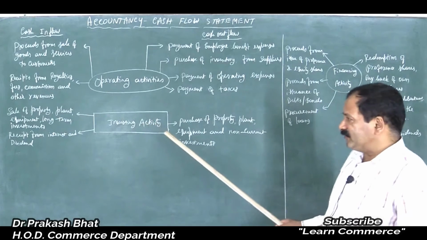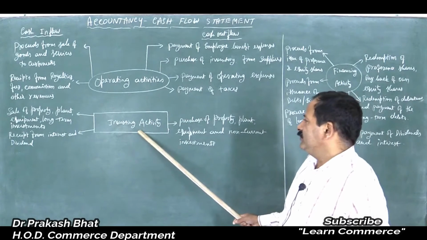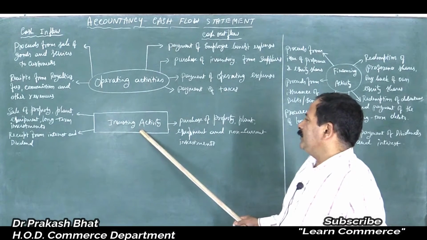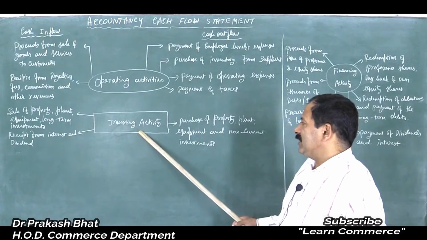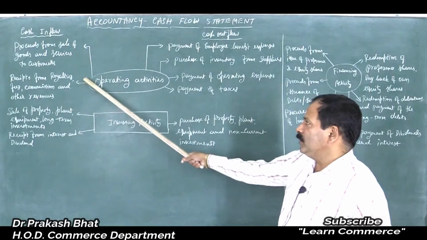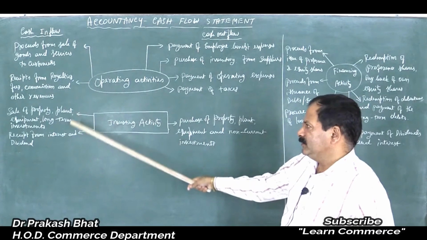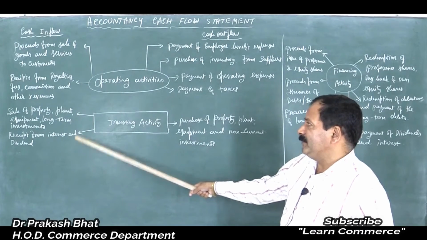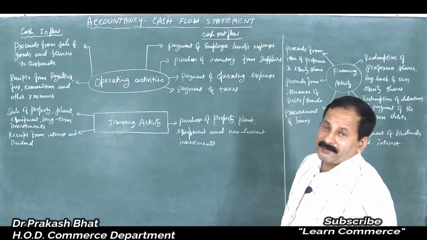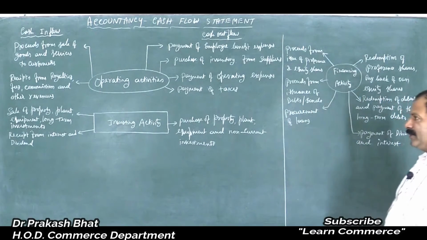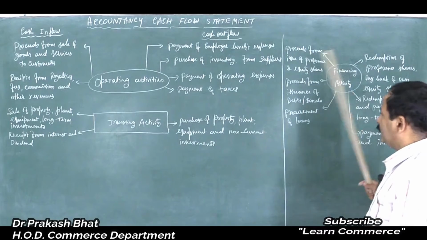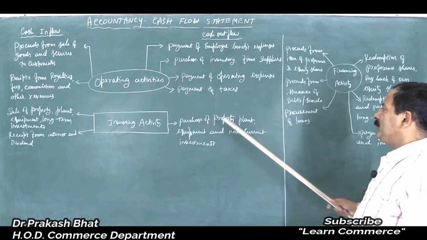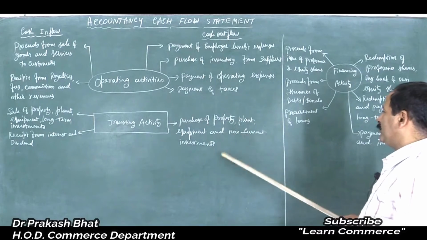Remember, in the case of financing companies, receipt from interest and dividend will become operating activity, because their day-to-day work is that only, isn't it? And moving on to the last one, the outflow: purchase of property, plant, equipment and non-current investments.